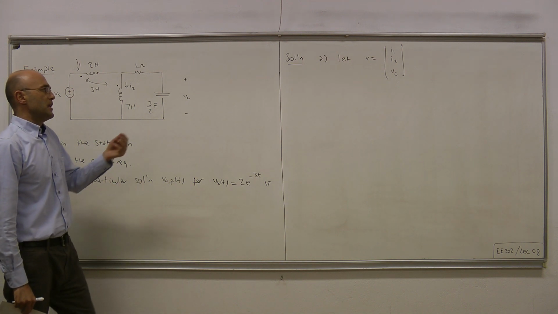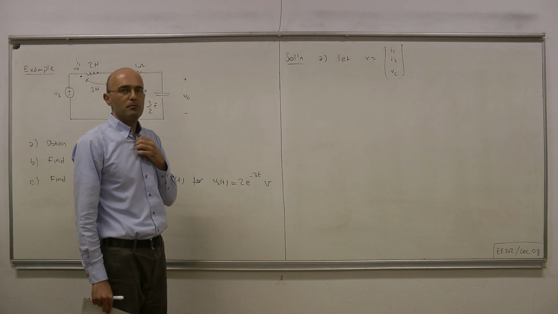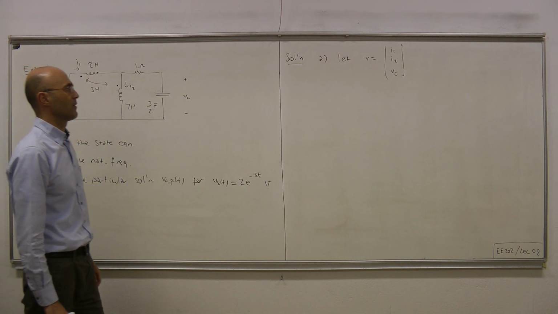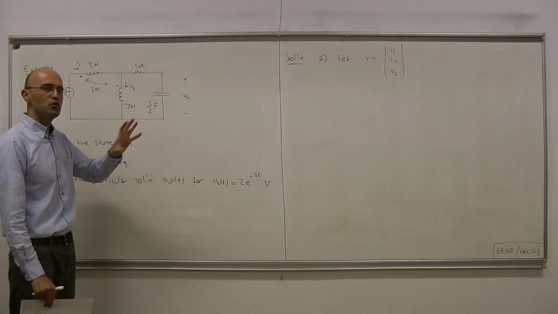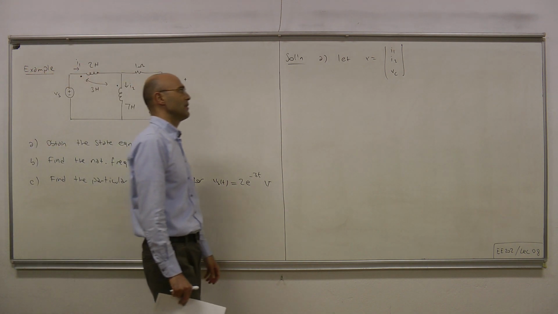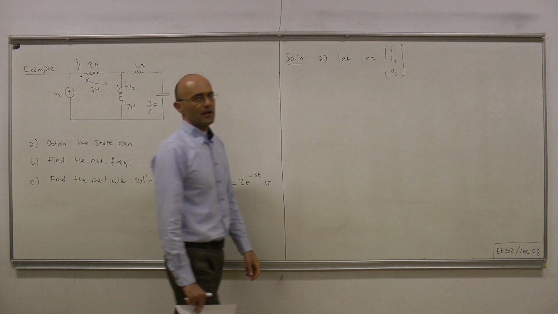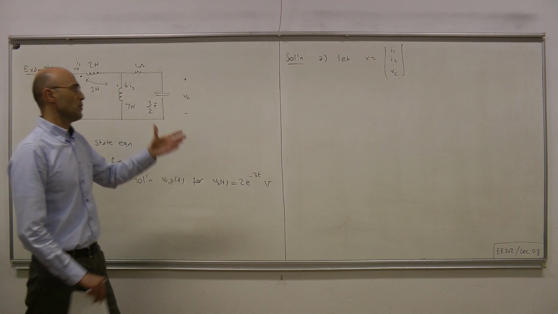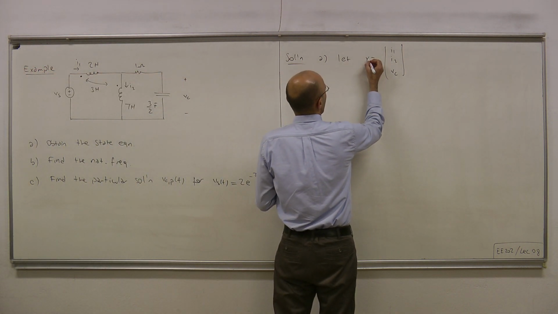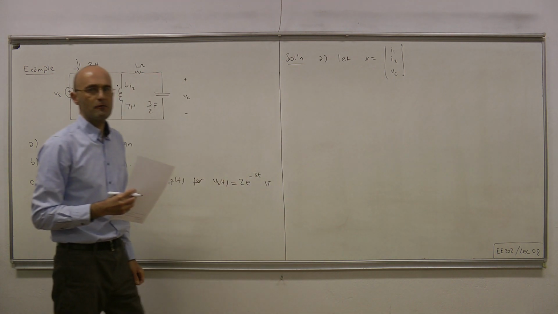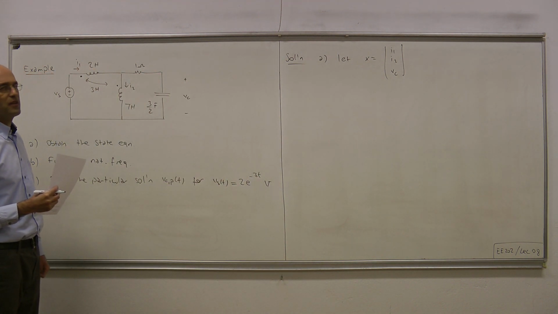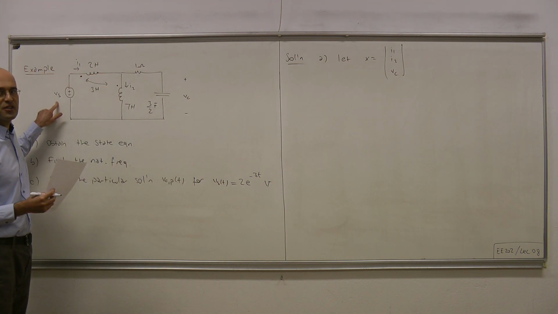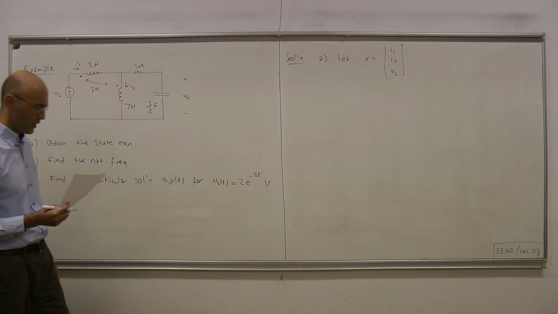We skip the step of choosing the proper tree, but if you do those steps, the proper tree will tell you that all the inductor currents and the capacitor voltage must be in our state vector. So this is our state, and for this state vector choice, we will now try to obtain the state equation, namely x dot equals Ax plus bVs, Vs being our own input in the circuit.